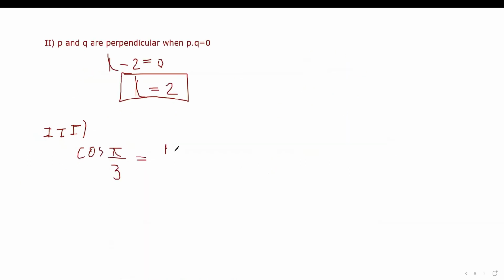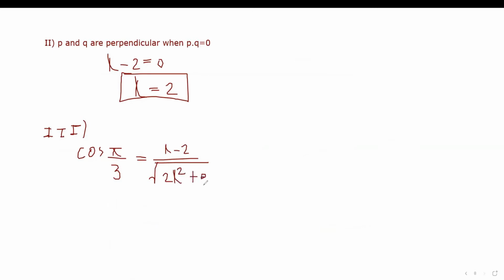It's lambda -2 divided by, we already know the magnitude of P times the magnitude of Q. It was the square root of 2 lambda squared plus 8.